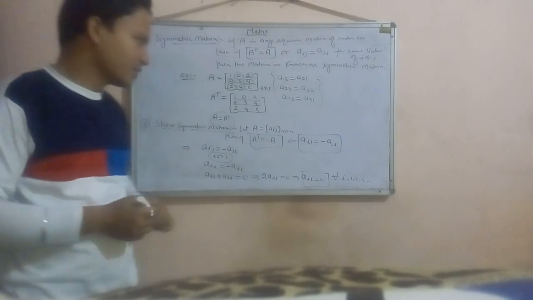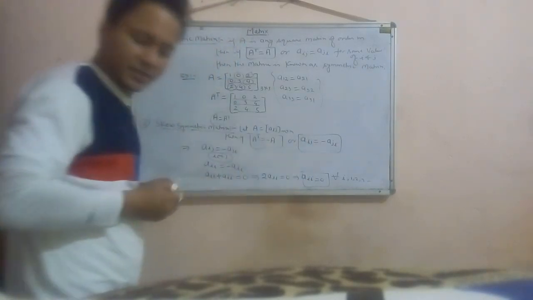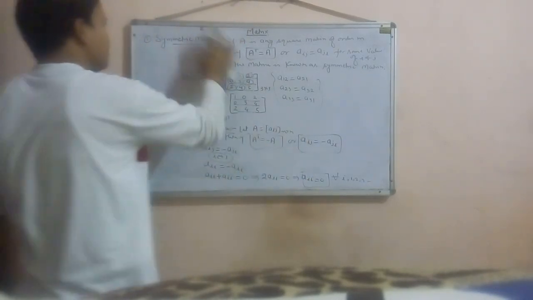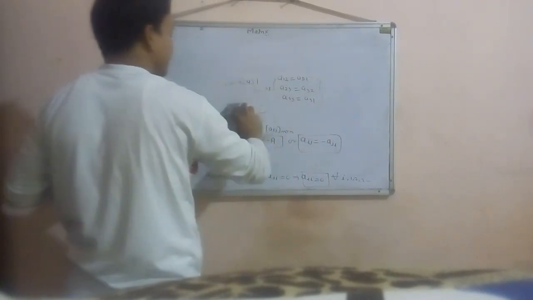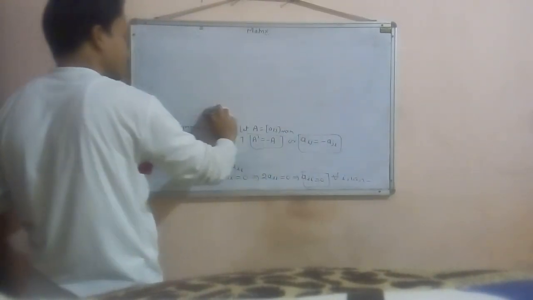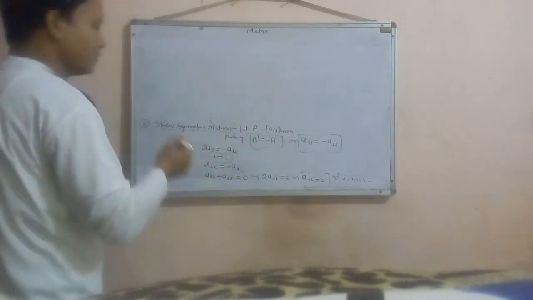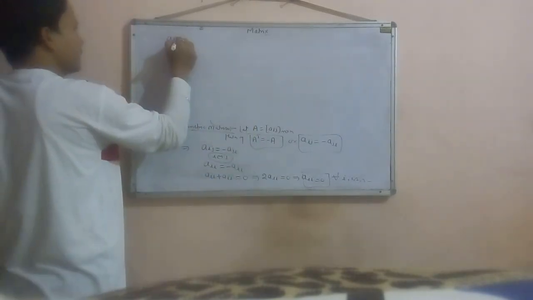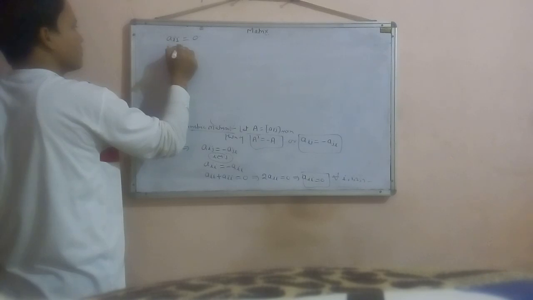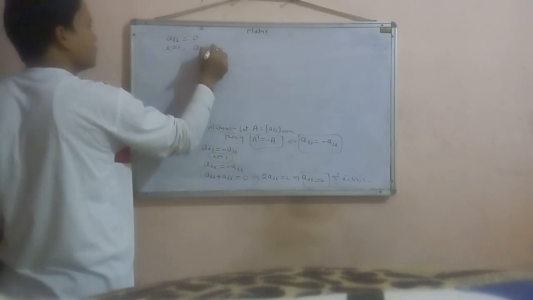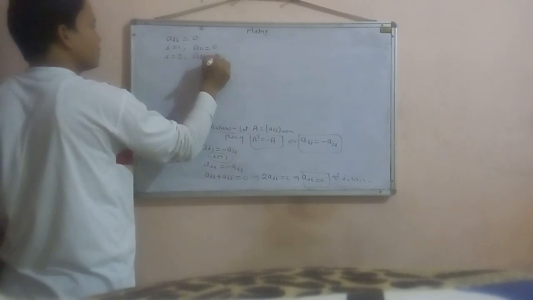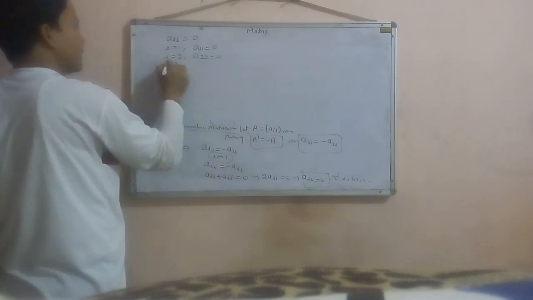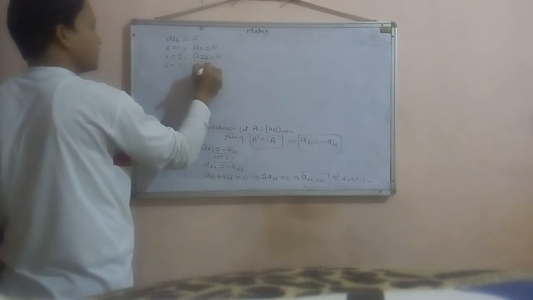Now you can check, students, by substituting the values of i with 1, 2, 3, we can easily see that the diagonal elements must be equal to 0. Putting i equal to 1, we get A11 equal to 0. Putting i equal to 2, we get A22 equal to 0. Putting i equal to 3, we get A33 equal to 0.